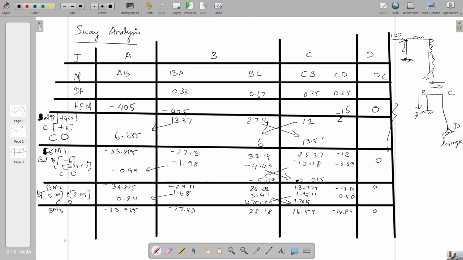Again, balance B for the moment of minus 0.75, C for the moment of minus 1.7, and you multiply with the distribution factor, then it is minus 0.25, minus 0.5, minus 1.28, minus 0.43, and you carry over this value minus 0.25, here it is minus 0.64, and then minus 0.125.